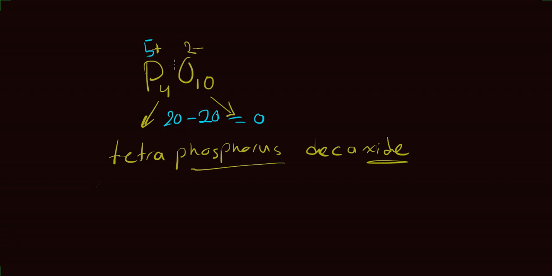Now phosphorus is +5. Maybe in the exam you will be asked what the charge of this one is, and you will find it as I have done before. Or you may be asked the name, so you say phosphorus decoxide.